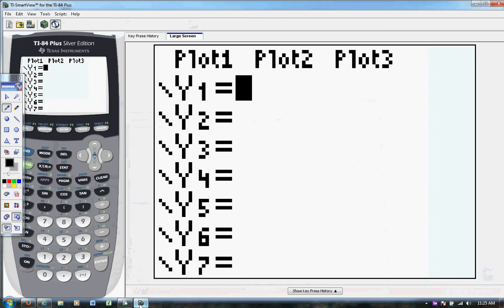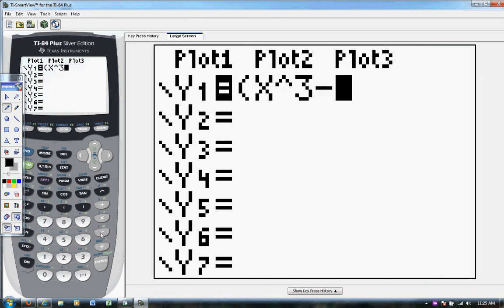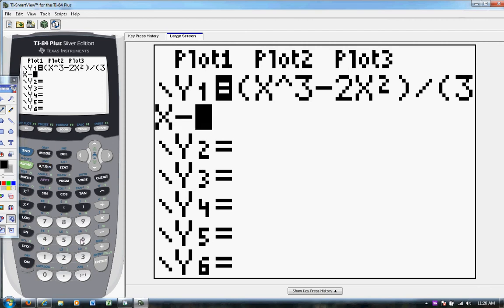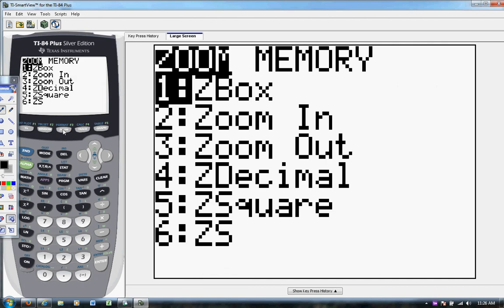So we have x cubed minus 2x squared on top, and it's divided by, in parentheses, 3x minus 6. Okay? And we can, of course, look at the graph of this thing. I'll go zoom standard.